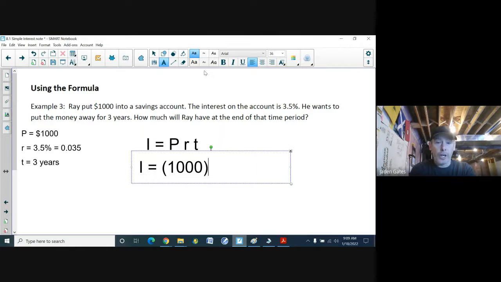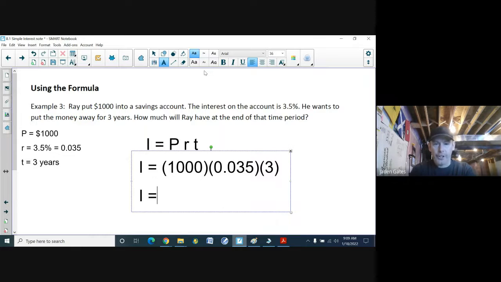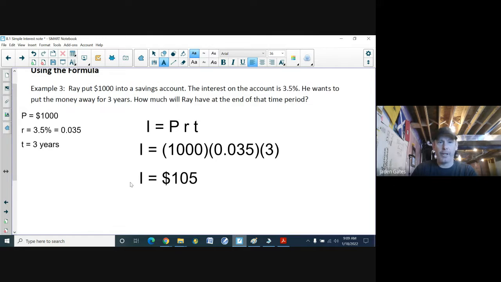The rate, which I have converted now to a decimal, 0.035, and our time is 3. All right. So now all I have to do is multiply our 3 numbers. Grab my calculator here, and I multiply my 3 numbers, and I end up with, round number, $105. Now, it says, how much will Ray have at the end of the time period? He put $1,000 in.